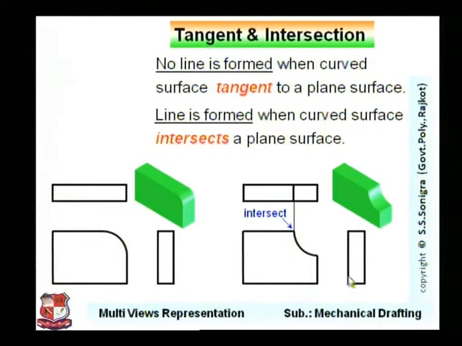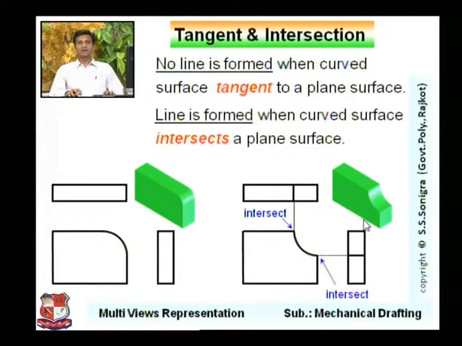So here full line is there. Similarly, intersection is here, hence line would be here also. So these two lines are also to be drawn because here curved portion intersects a plane surface. Here the curved portion is tangent to the plane surface, so line is not formed.